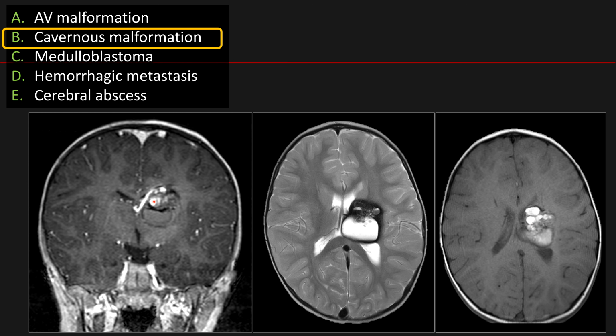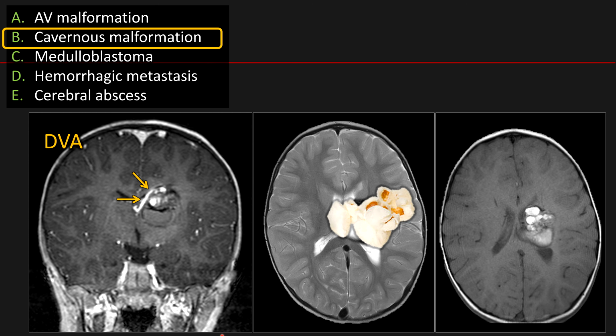On post-contrast, it should not enhance. This is an intrinsic T1 shortening right here. However, you may see association with adjacent vessels such as DVA. So think about the increased chance of seeing DVA associated with cavernous malformation.